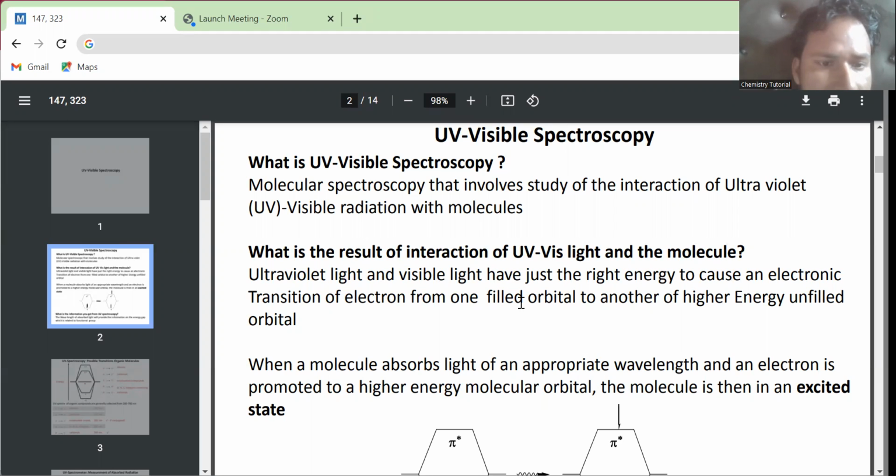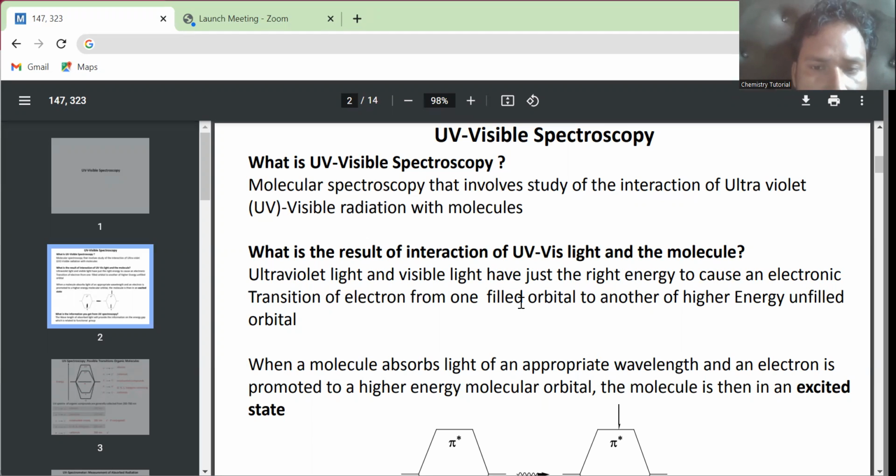When an electronic transition occurs, the electron is moved from a filled orbital to another higher energy unfilled orbital. A very important point: when a molecule absorbs light of appropriate wavelength and the electron is promoted to a higher energy molecular orbital, the molecule is then in an excited state.